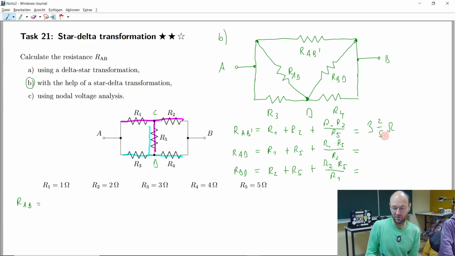And so for our next formula, it's probably a good idea to write it down in a simpler way. So if we expand 3 to the denominator of 5, it's 15, and 15 plus 2 is 17 over 5 ohm. Okay, so then 1 multiplied with 5 is 5, so we have 5 over 2.